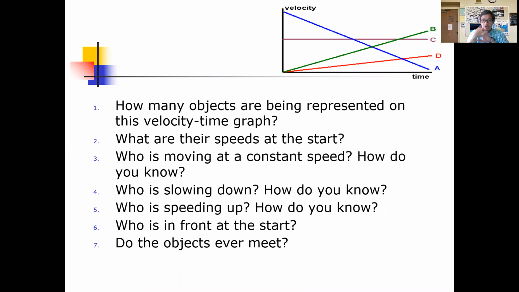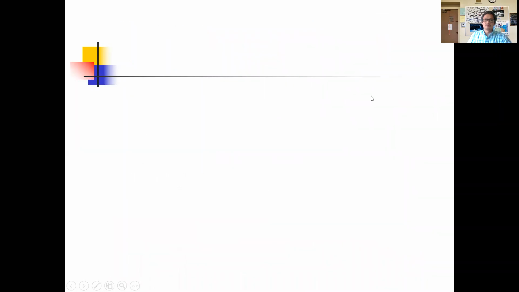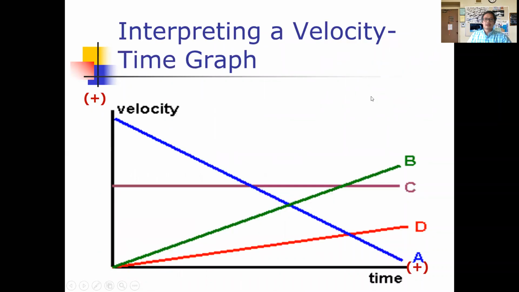All right, let's go ahead, and I want to do one last thing with you involving this graph. I'm sorry, let me go back up here. What I'd like you to do is pick one of these four objects, A, B, C, or D, and draw a simple picture.